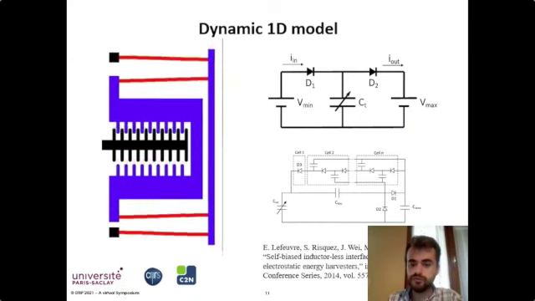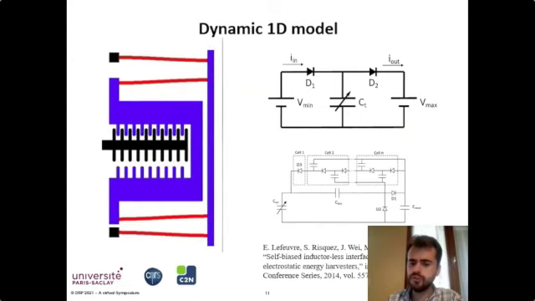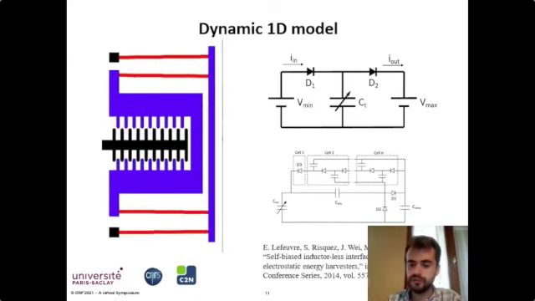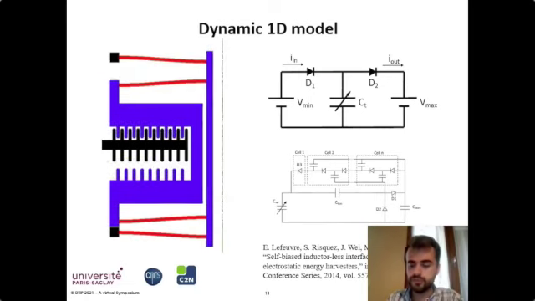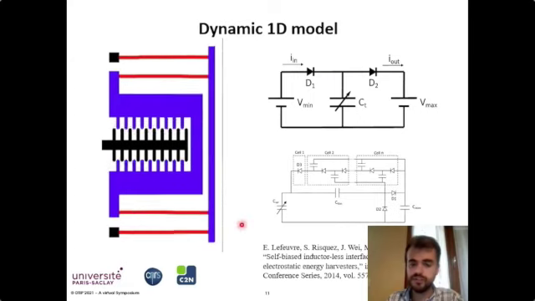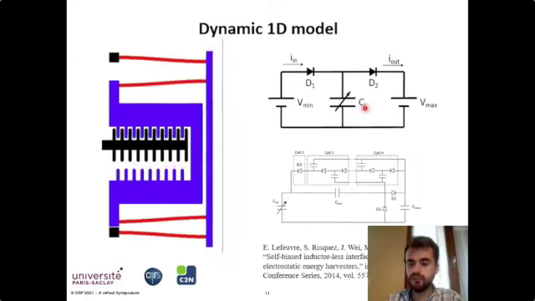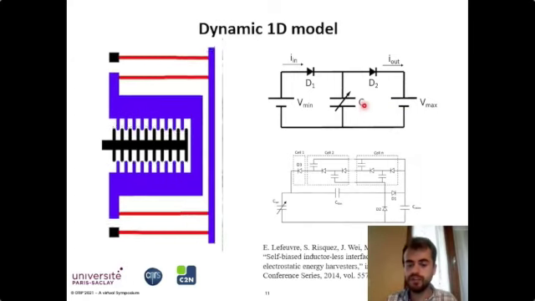The second aspect that we want to see is to know which electric interface is the best for this device. So for this, we propose a very general circuit interface, which is the ideal charge pump, this one, that can emulate almost any rectangular cycle.